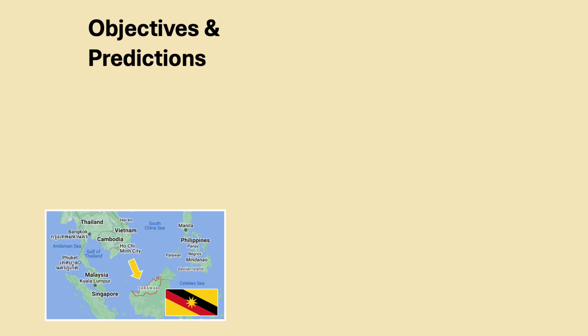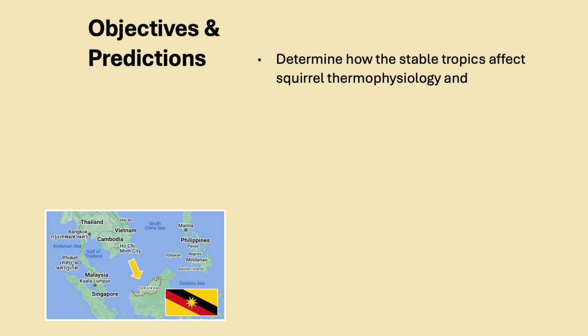And in this project, I have attempted to determine how being in a very aseasonal environment affects the thermophysiology of these squirrels as compared to many of the studies that we have historically, which focus on squirrel species in very seasonal, temperate areas.